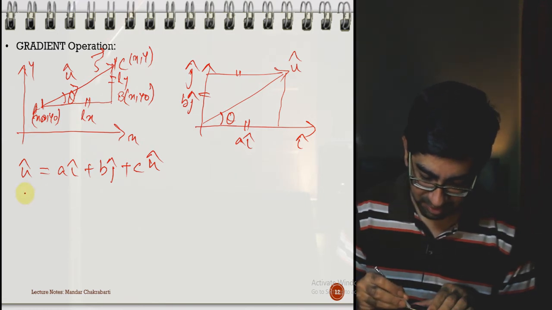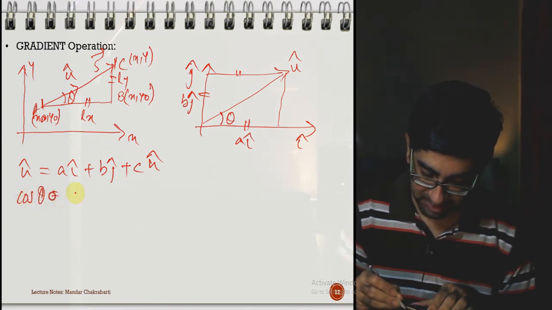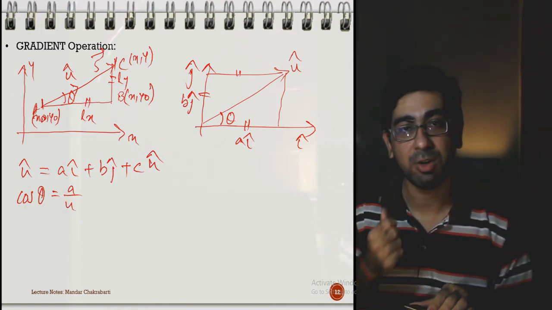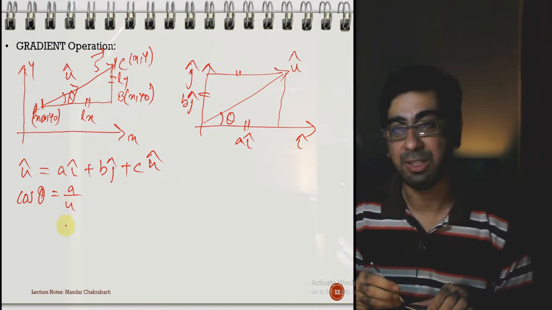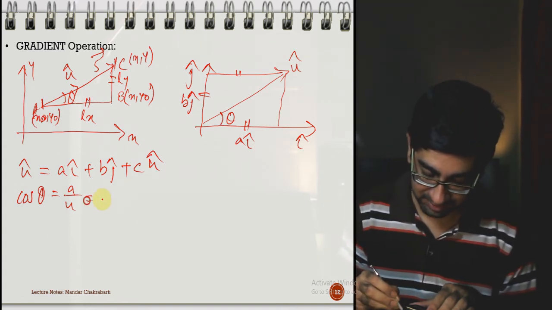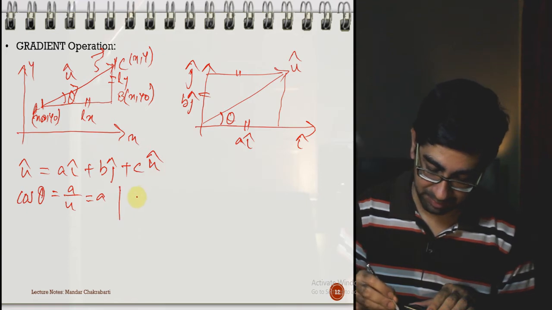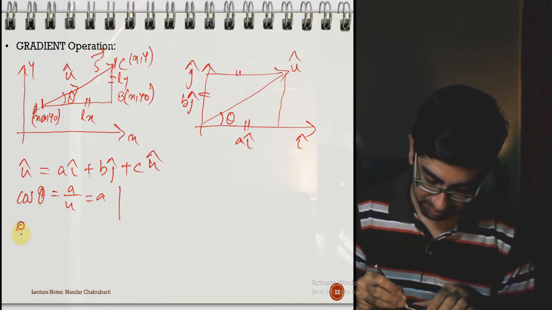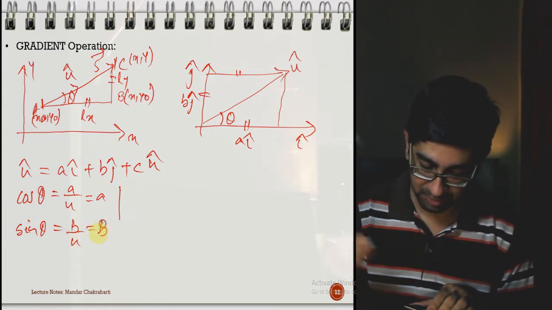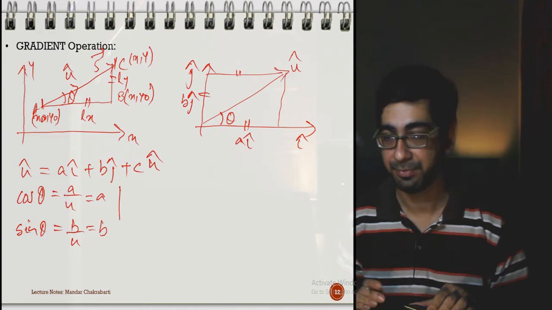Now, one thing that I can write: cos theta is a by u. Check that out. Cos theta is a by u. Now, u has a magnitude of 1, so that is essentially a. Similarly, sin theta is b by u. U having a magnitude of 1, that is equal to b only.